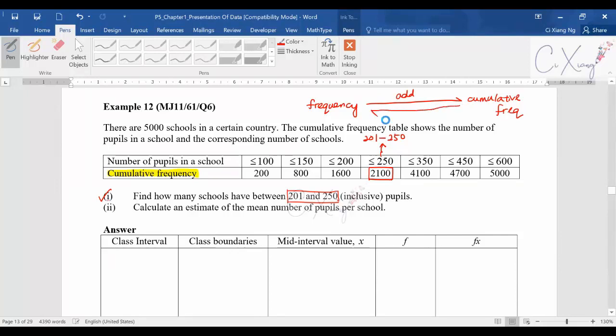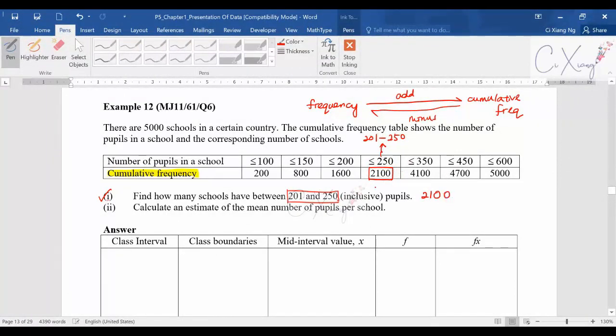The other way around, if you want to change the cumulative frequency to the frequency, you have to subtract. So for part 1, they want you to find the frequency for this class. 2100 is actually the cumulative frequency.